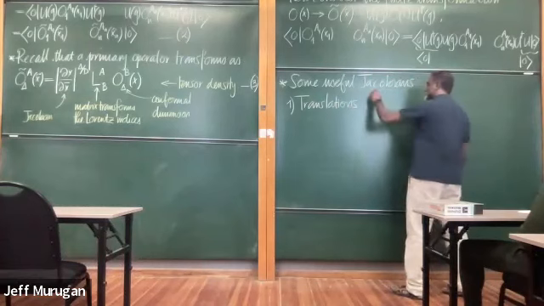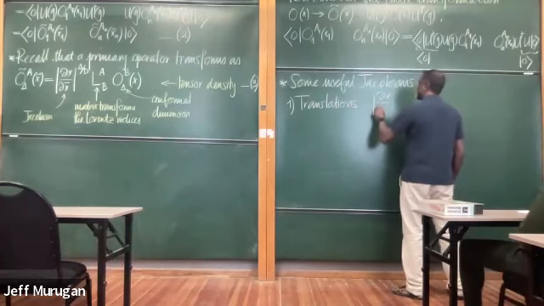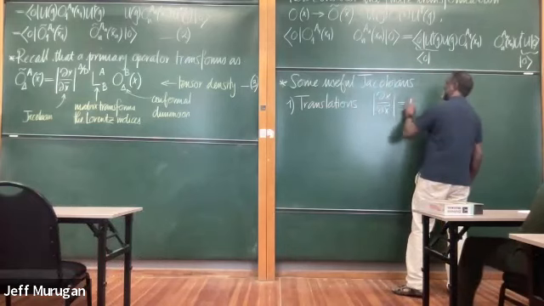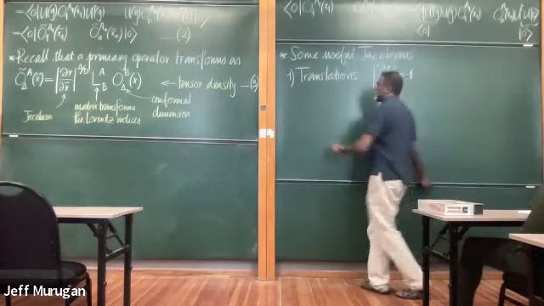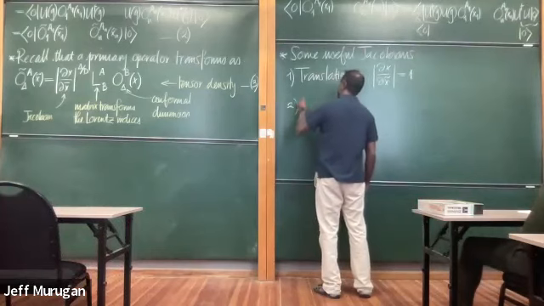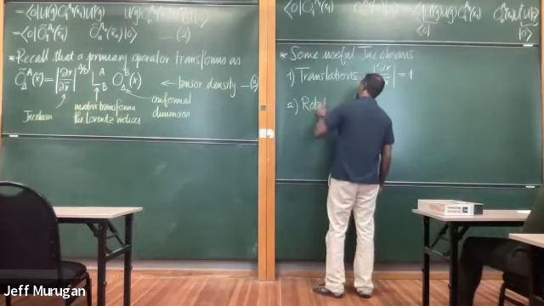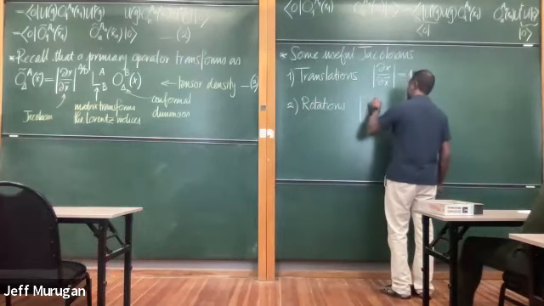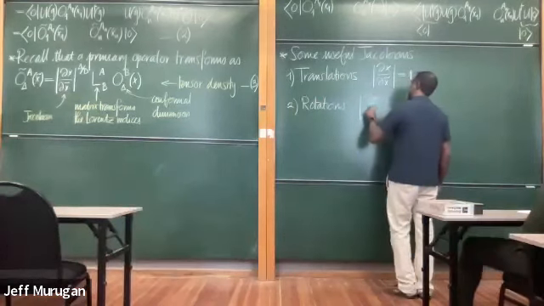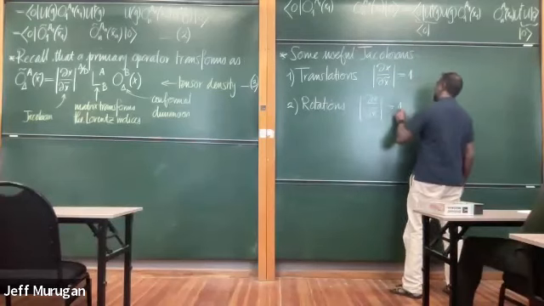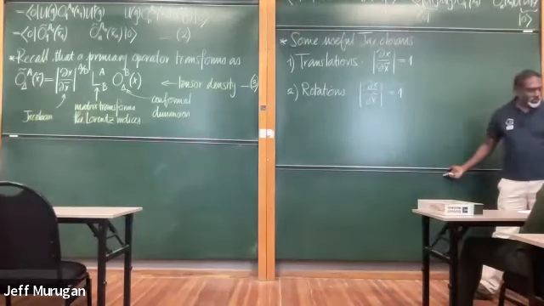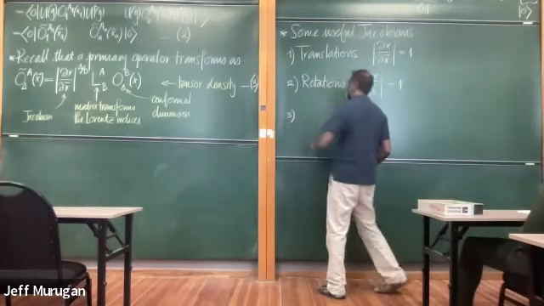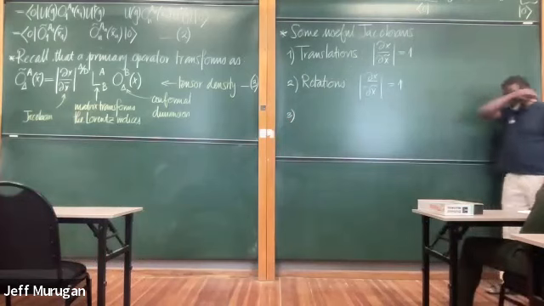So for translations, dx by dx tilde is the identity. For rotations, again, dx by dx tilde is the identity, so just one, this is a determinant, it's a number.